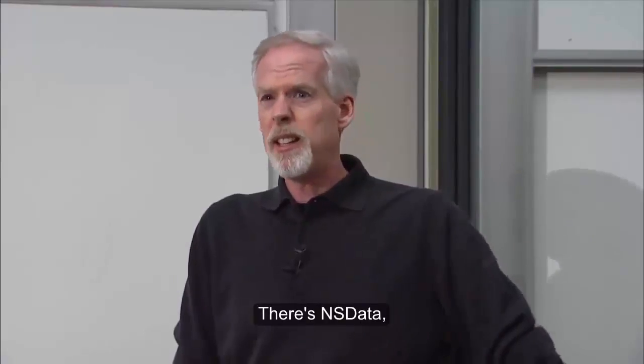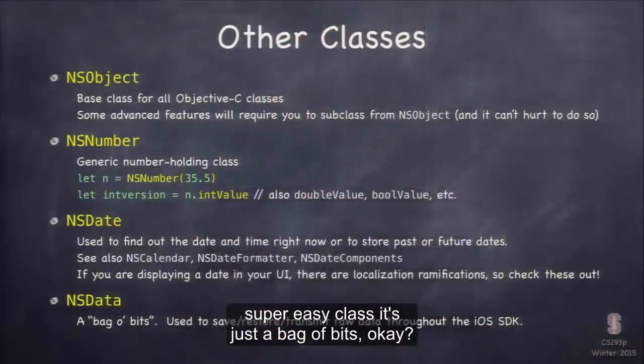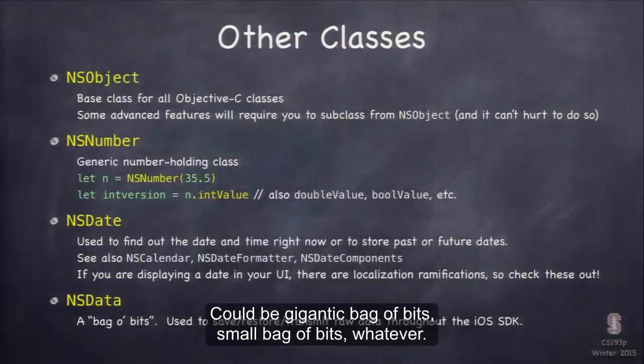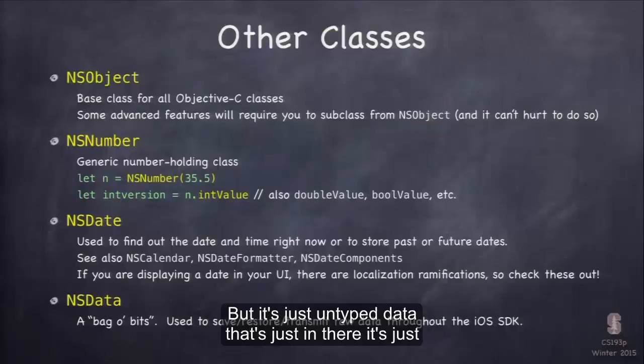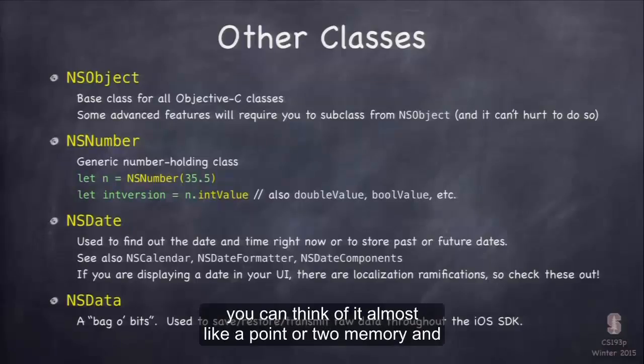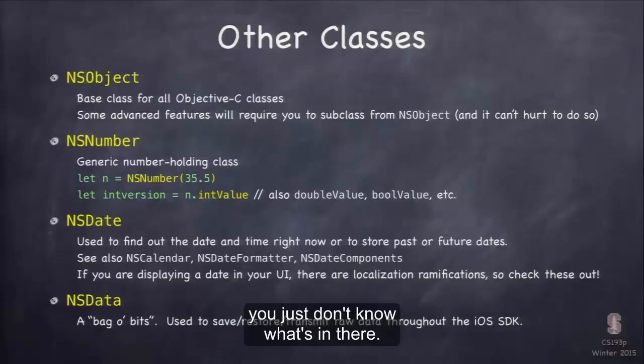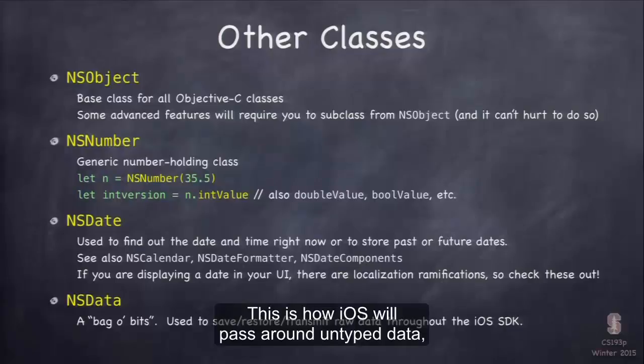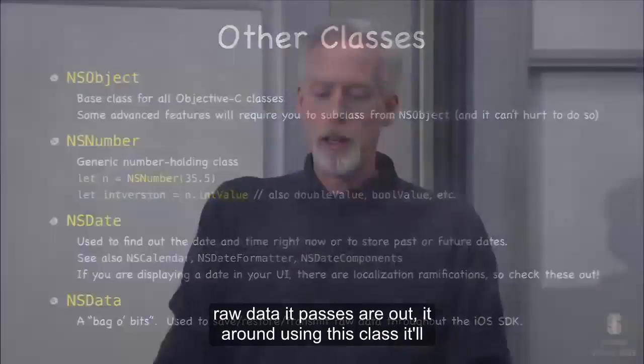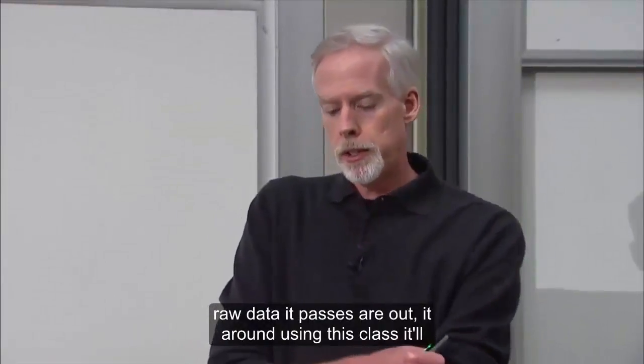There's NSData, super easy class. It's just a bag of bits, okay? Could be a gigantic bag of bits, small bag of bits, whatever, but it's just untyped data that's in there. You can think of it almost like a pointer to memory, and you just don't know what's in there. This is how iOS will pass around untyped, raw data. It passes it around using this class.